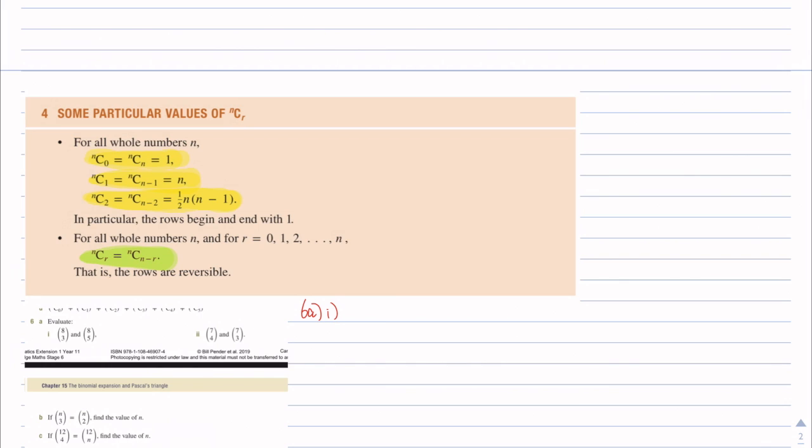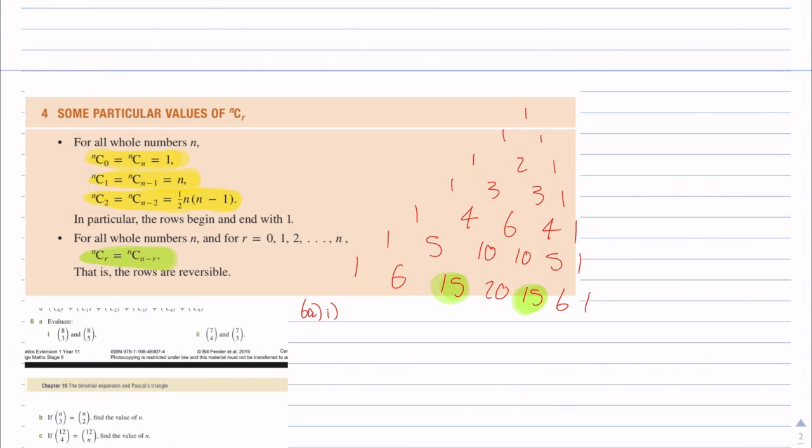So, you know Pascal's triangle, we had 1, 1, 1, 1, 2, 1, 1, 3, 3, 1, 1, 4, 6, 4, 1, 1, 5, 10, 10, 5, 1, 1, 6, 15, 20, 15, 6, 1. This last one is saying that these ones on opposite sides are going to be the same. That's all that's saying.